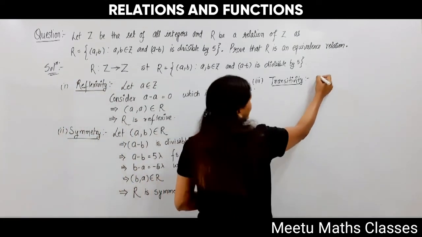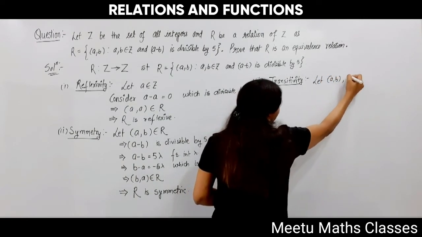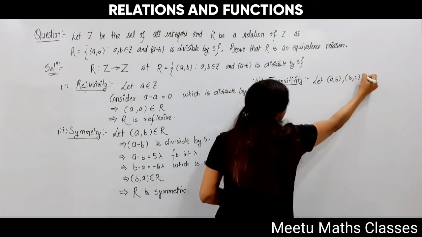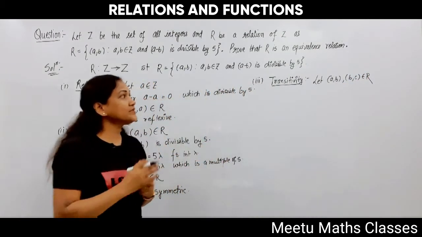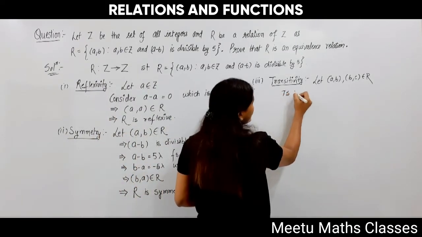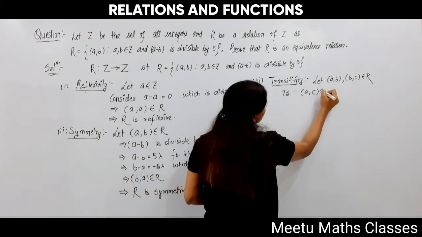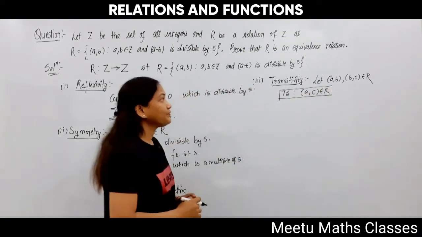So let a be related to b and b be related to c. These two ordered pairs belong to this relation. So our purpose is to show that a is also related to c. So we are going to check this thing.